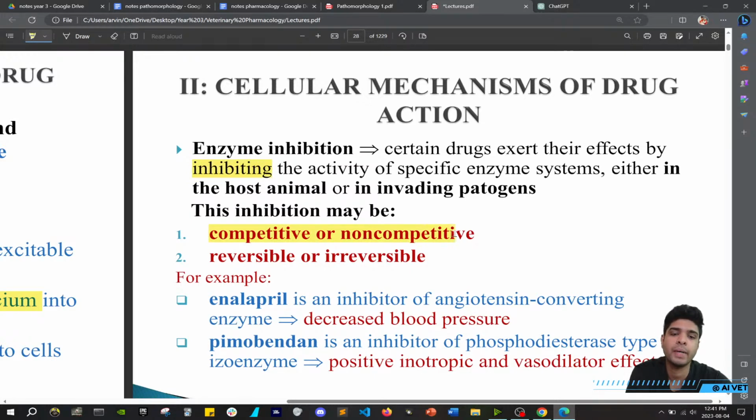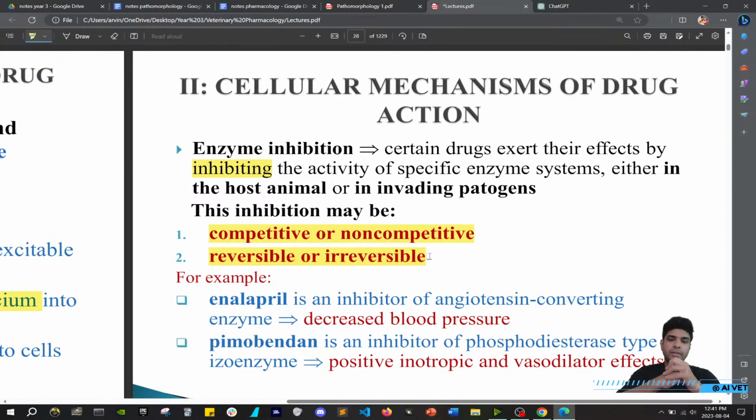Competitive, non-competitive, reversible, irreversible. Yep, that's a very important thing. There is a cell receptor, and it's waiting for some kind of molecular ligand or any other chemical compound that can act as a combination for it, like a lock and key mechanism.